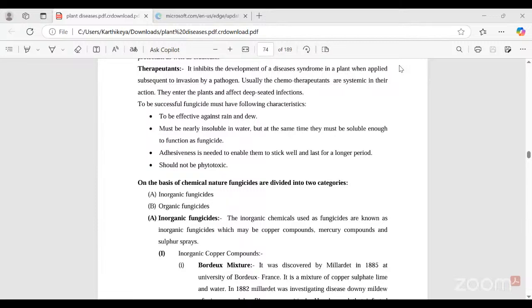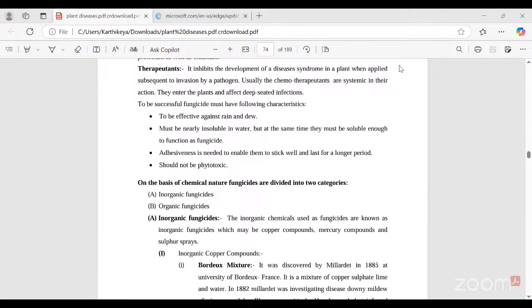Therapeutants inhibit the development of a disease syndrome in a plant when applied subsequent to invasion by a pathogen. Usually, the chemotherapeutants are systemic in their action. They enter the plant and affect deep-seated infection.